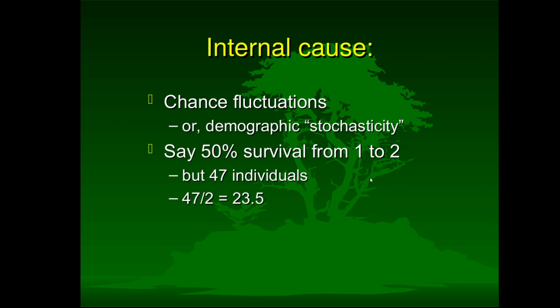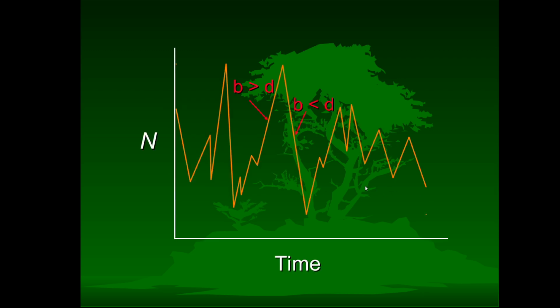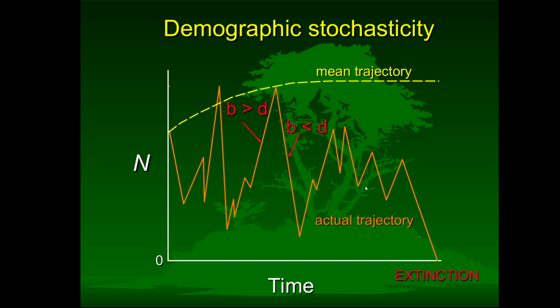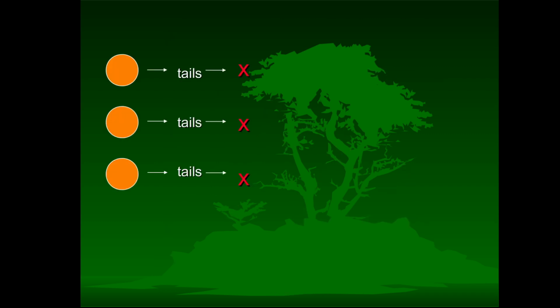So let's talk about this so you understand what it is. Just imagine you flip a coin to decide if an individual dies or not before reproducing. Heads, it survives, tails, it dies. If there are only 3 individuals in the population, then the chance the population goes extinct is the probability of just getting 3 tails in 3 coin flips, which is 1 in 8.